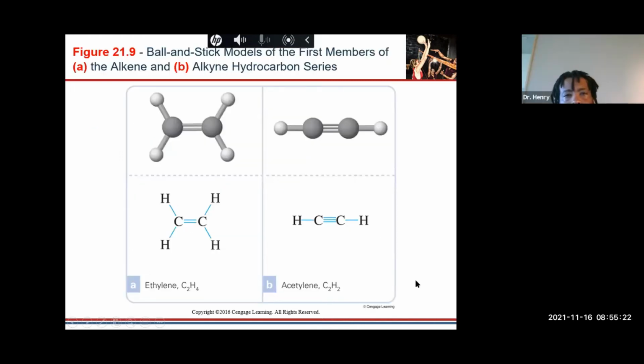Okay. So this is an example. The very top part is the ball and stick model. And this is just showing you the alkenes and the alkynes, right? So you guys kind of get an idea of what it looks like in terms of ball and stick model, and then also in terms of structure. Now, these are the two common names for the alkenes and the alkynes.